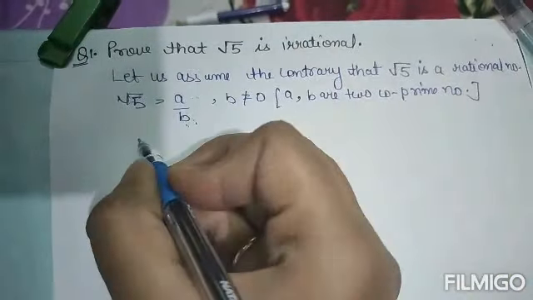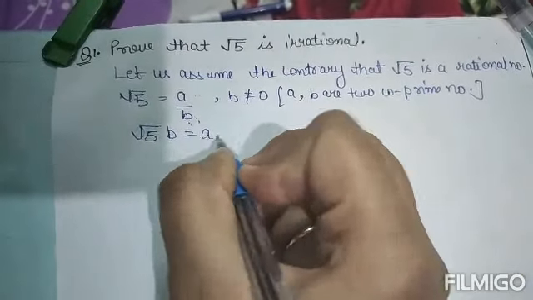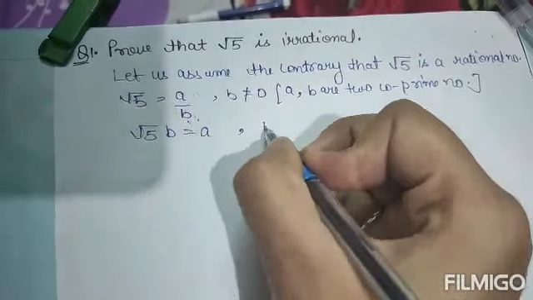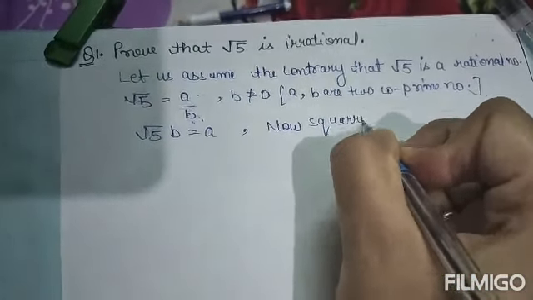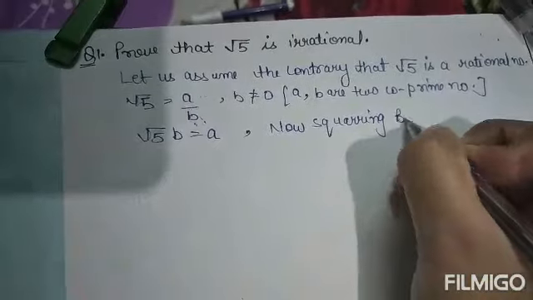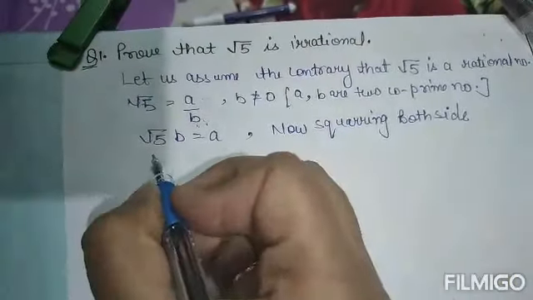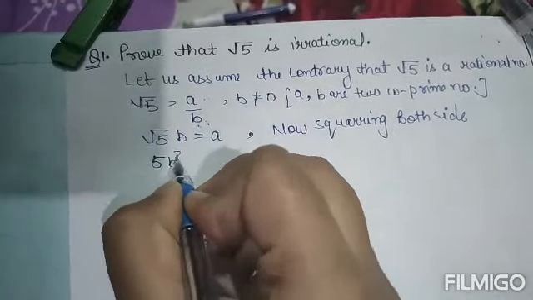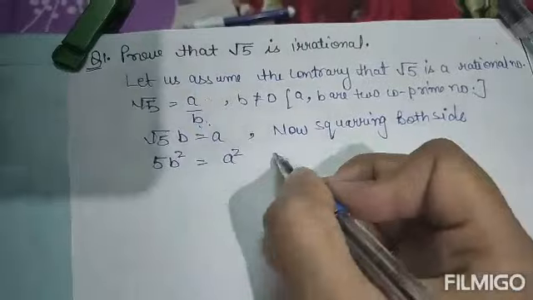So now take this to that side, root 5 b will be equal to a. Now squaring both sides. So we will get 5b square equal to a square.